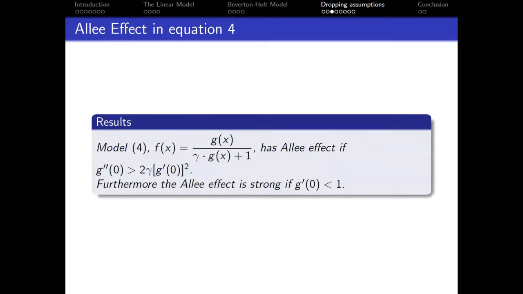Based on the previously given definition of Allee effect, we found that equation 4, f of x equals g of x over gamma g of x plus 1, has Allee effect if g double prime of 0 is greater than 2 gamma times g prime of 0 squared. Furthermore, the Allee effect on this model is strong if g prime of 0 is less than 1.